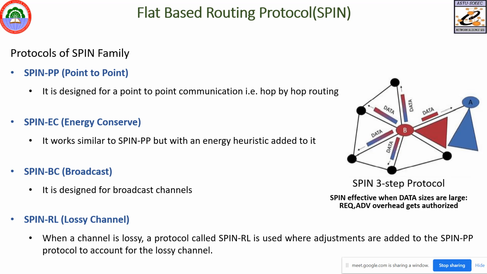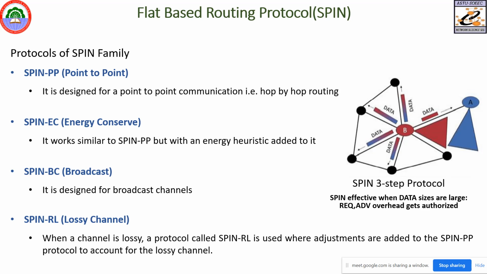So this SPIN-EC protocol, we can say, is used when we need low energy consumption. In this particular protocol, there is a threshold for energy, a limitation for that particular energy. When that energy reaches that threshold, it will not perform any other operation except that control packets are going to be transmitted.